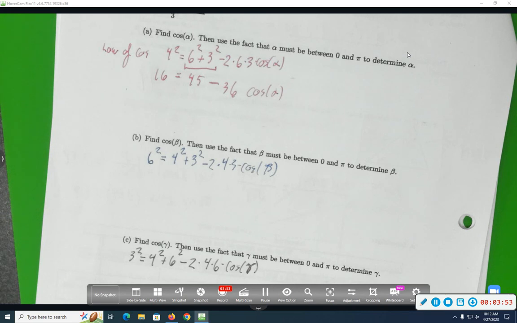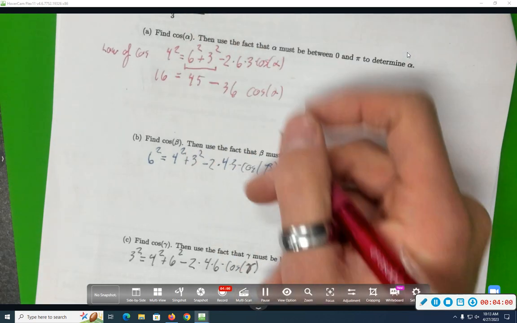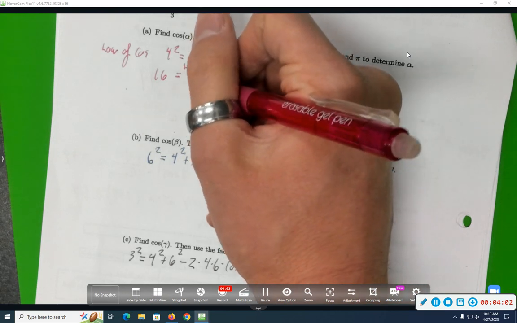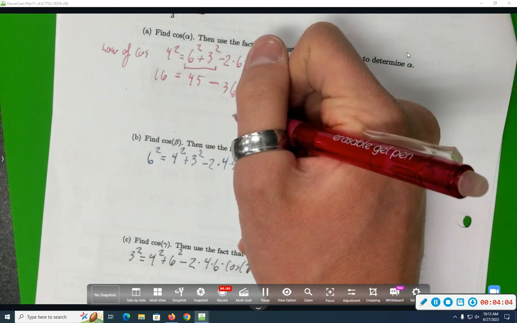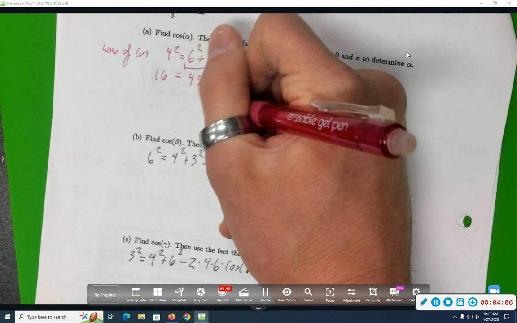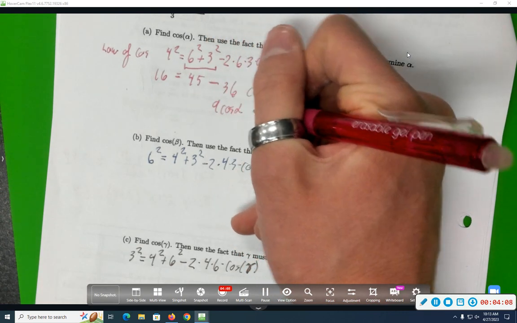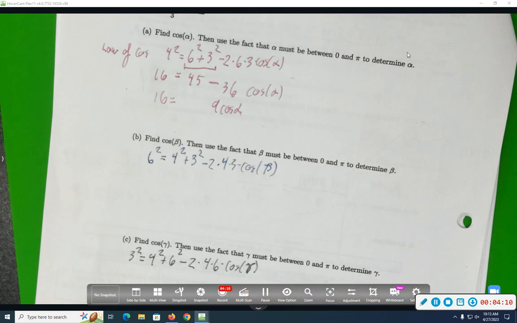So how many people would be likely, in the next step, if this were a high pressure situation, to rewrite this as, let's see, 45 minus 36 is 9, right? How many people would be likely to do that? But it's obviously the wrong thing to do, right?